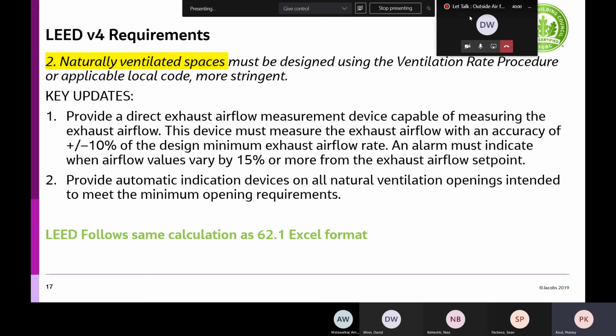So it's not that the LEED requirements are going above. They are going above and beyond because they have their stringent requirements, but they're not really going very much off the format of the Excel calculation that ASHRAE 62.1 offers us. So I wanted to make it clear with everybody that this is not a big difference. Hence, I did not even mention it in this segment.